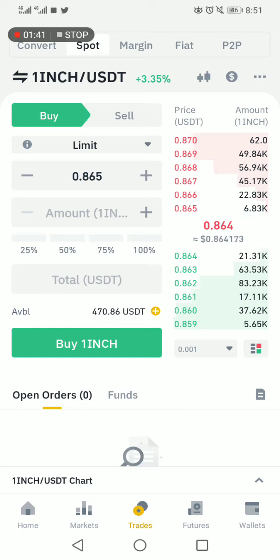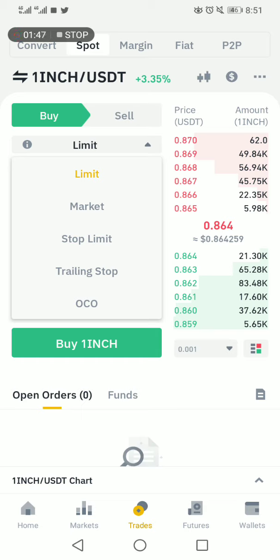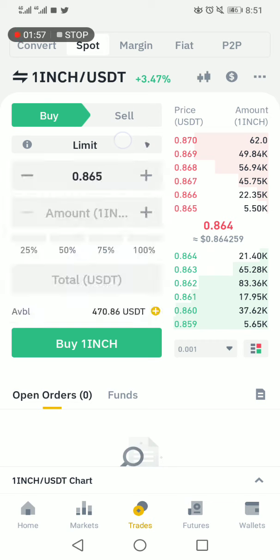So since it's at 0.864, you can just come here. Now you choose either to use the limit order or the market order or the stop limit order or the trailing stop order, OCO order. I may not have time to explain all these, okay, but I'll just go straight to the ones I normally use. I normally use the limit order.